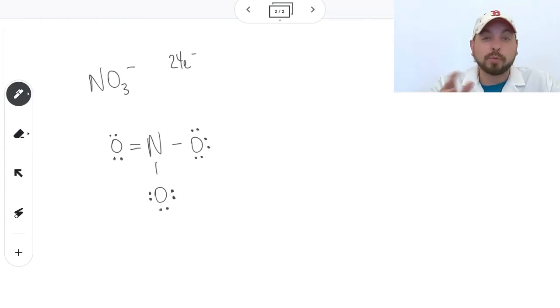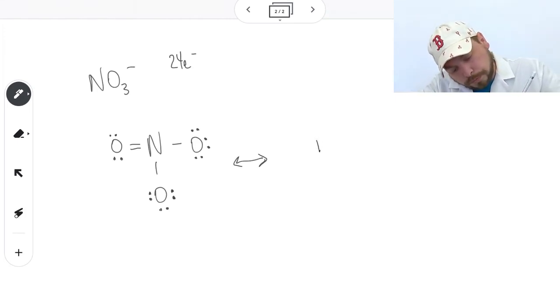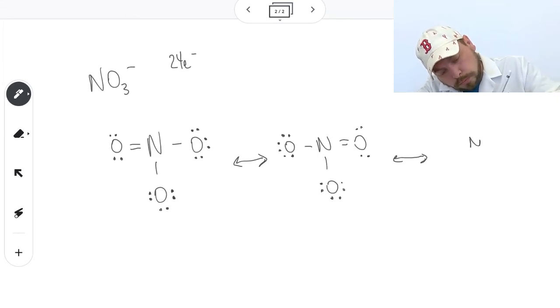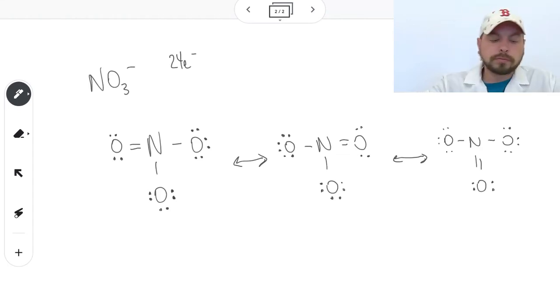But then I'm going to have to redraw this same structure 2 more times, where each of the other oxygens is going to be the one double bonded. Also remember, even in resonance, we have to account for charge.